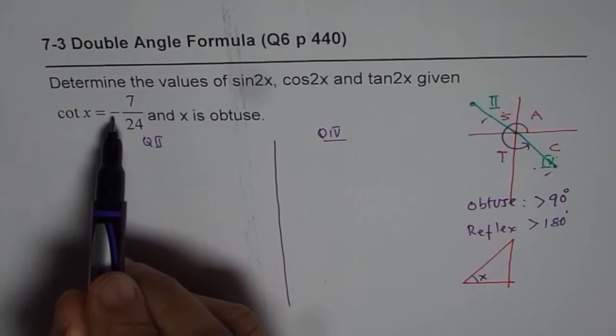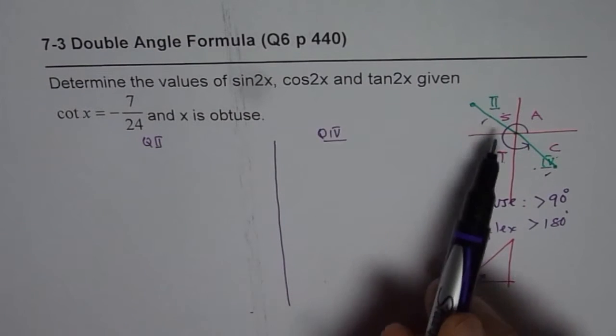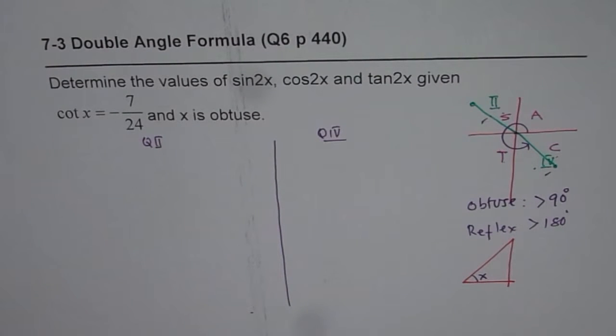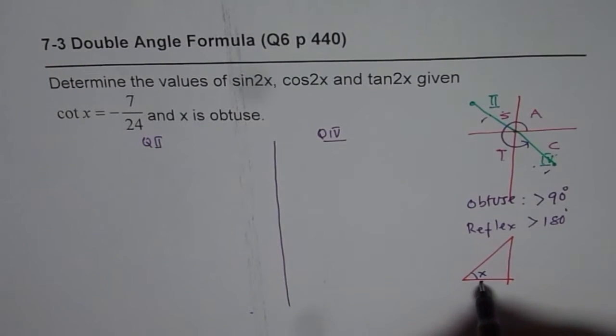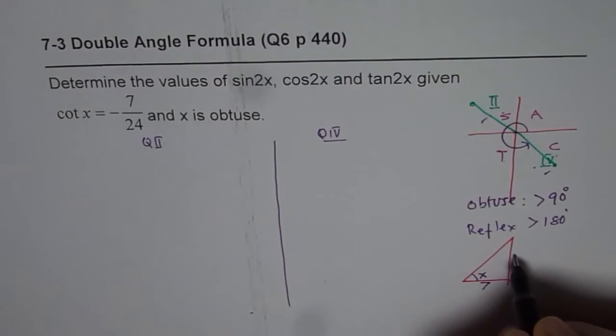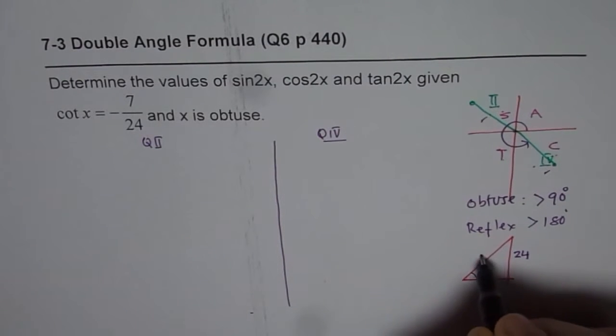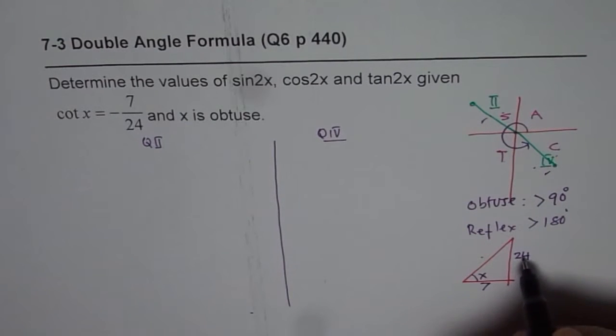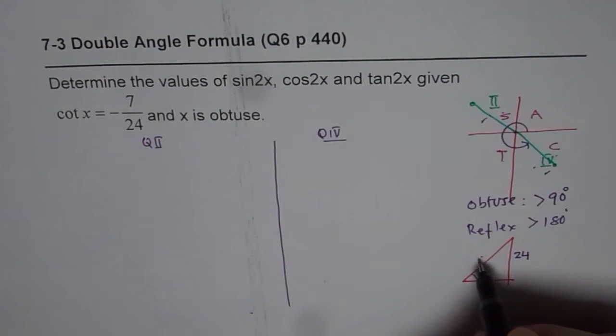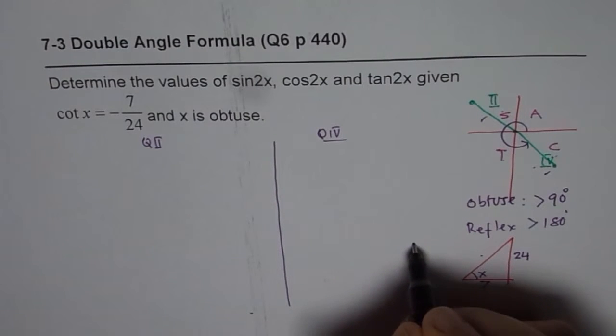We'll forget about the sign now because the sign helped us to find the quadrant. 7 over 24 for cot means that the base, the adjacent side, is 7 and the opposite is 24. Let's find the other side. It is the square root of 7 square plus 24 square, right?